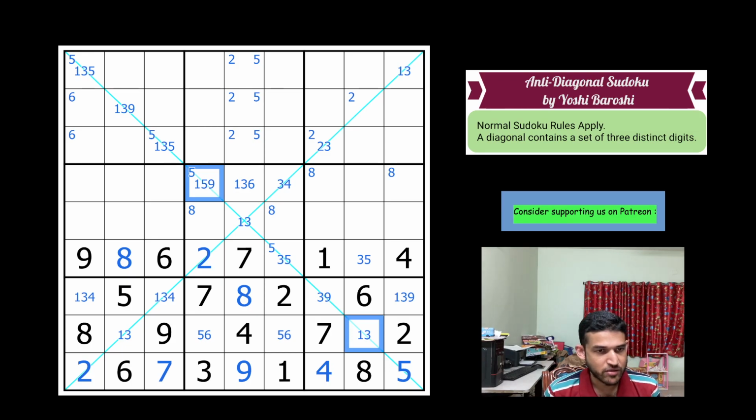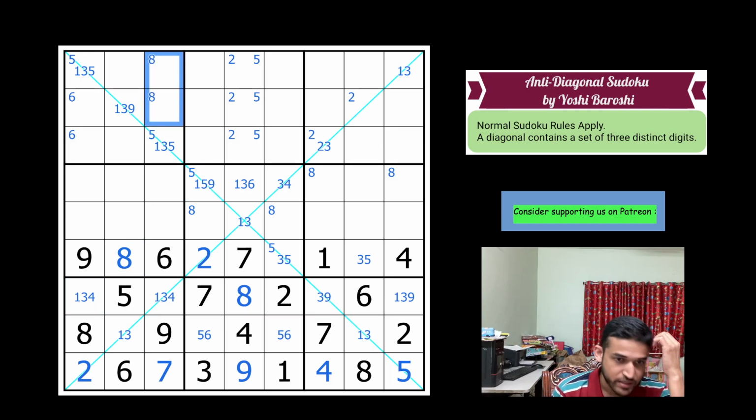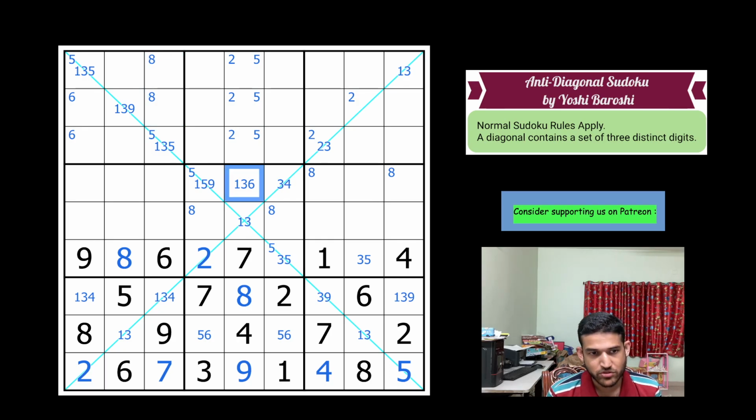8 in column 3 must be in one of these 2 cells. So 1 cannot be here, because what it does is that it removes the 1 from this diagonal and this diagonal as well.